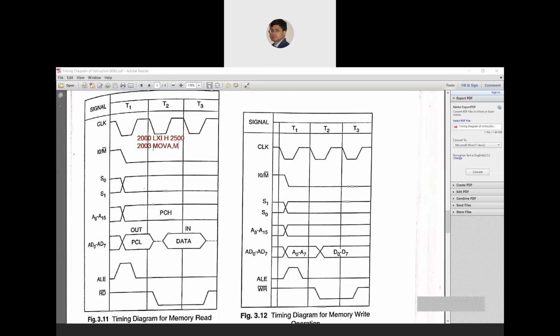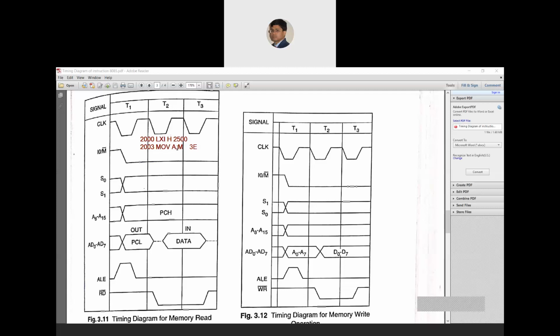So that means when you are at the 2003 you are writing its hex code, suppose 3E. So, 2000 LXI H 2500, then 2003 MOV A comma M, and this hex code is 3E.